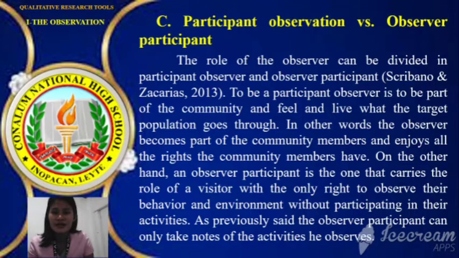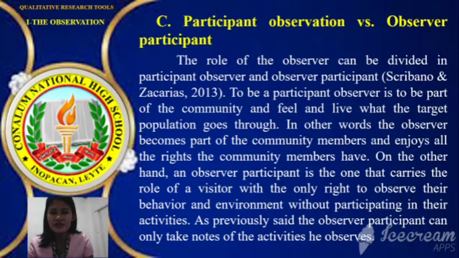If you're studying ethnic groups, you have to live with them in order to gather information, because you will be observing through living with this kind of people in order to gather accurate data.